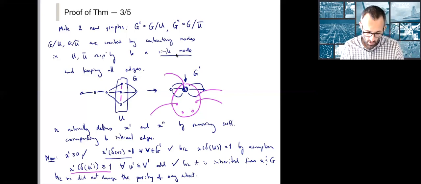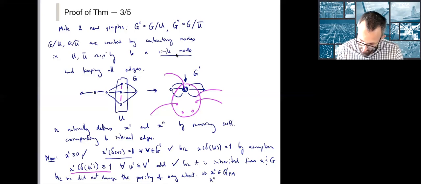So in short, what this tells us is that now we can use our inductive hypothesis. So what does this imply? It implies that X prime satisfies all of the constraints to be an element of Q dash PM, and you can make a similar conclusion for X double dash, so it's in Q double dash PM.